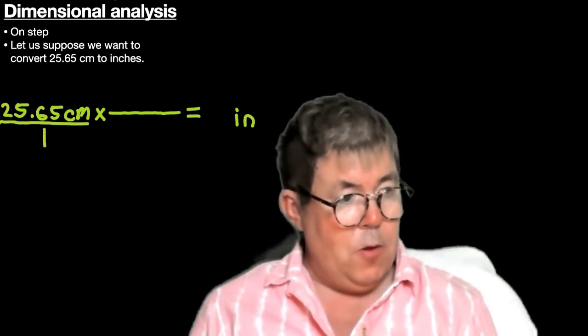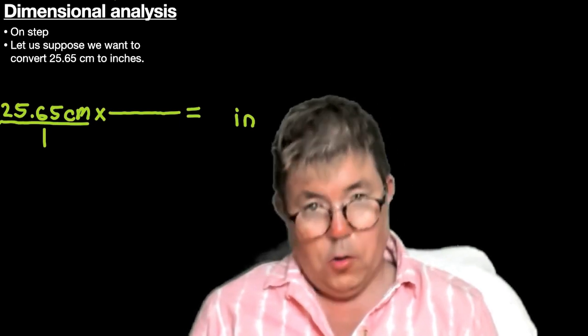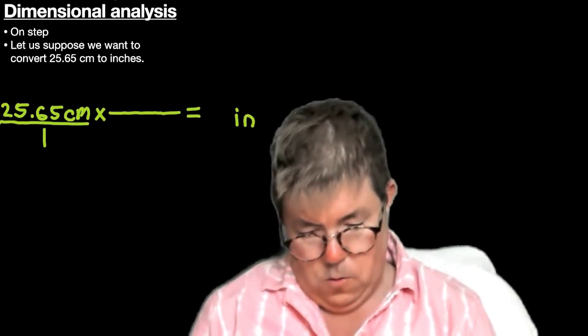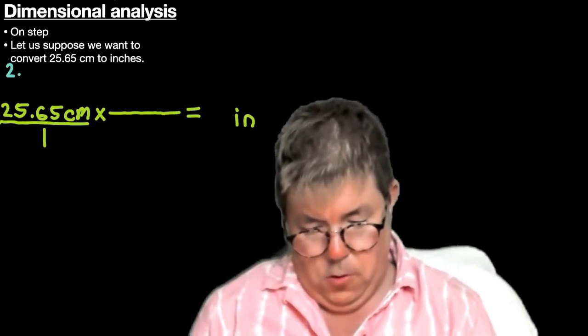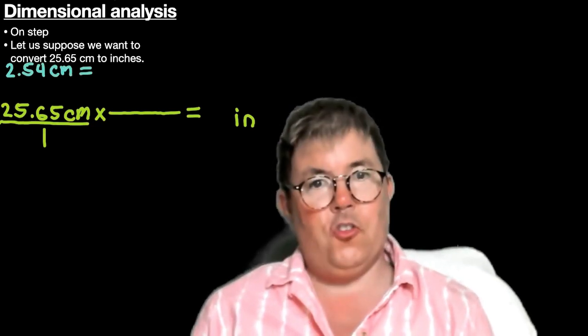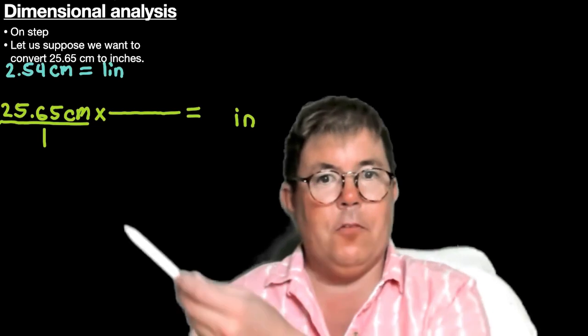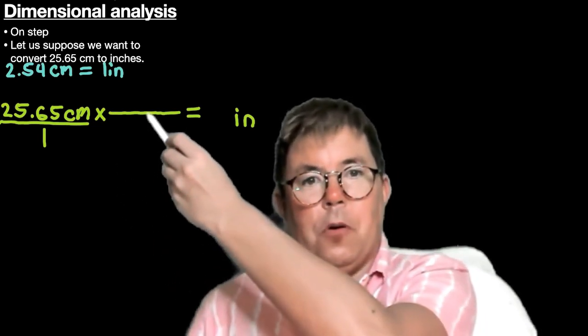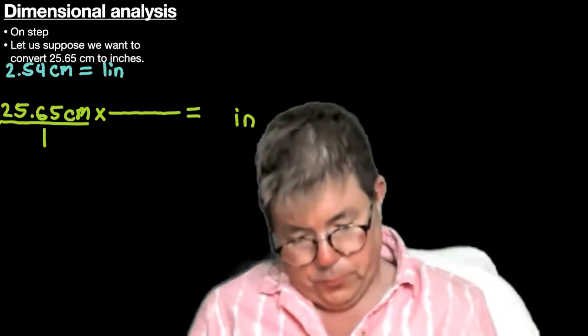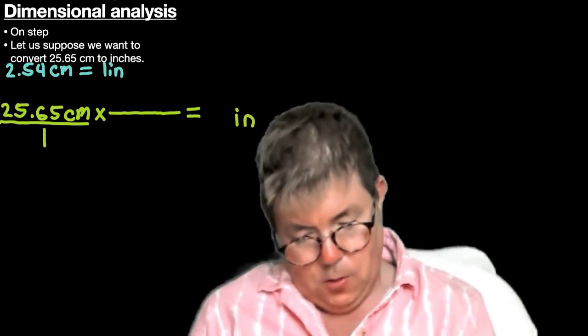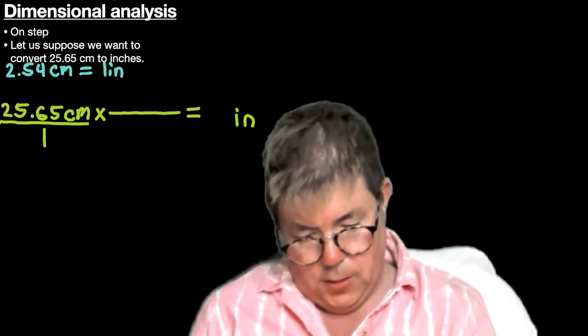If you do not remember, 2.54 centimeters is equal to 1 inch. So we can use this conversion of 2.54 centimeters per 1 inch. What is the new unit? 1 inch will go on the top.